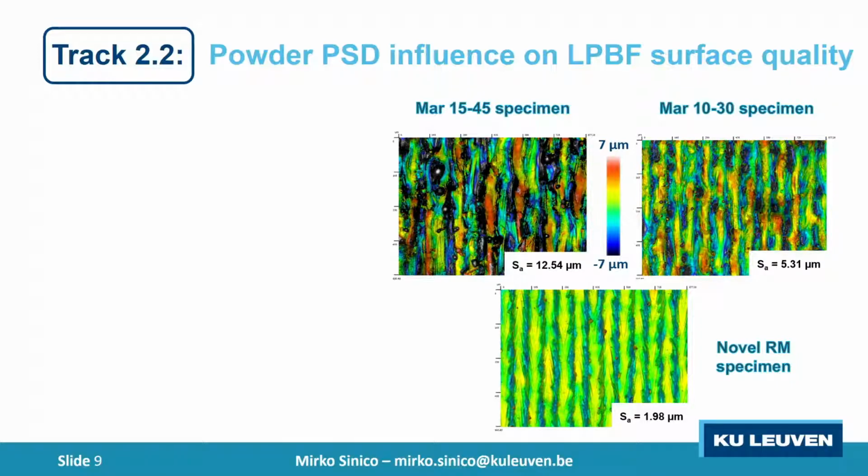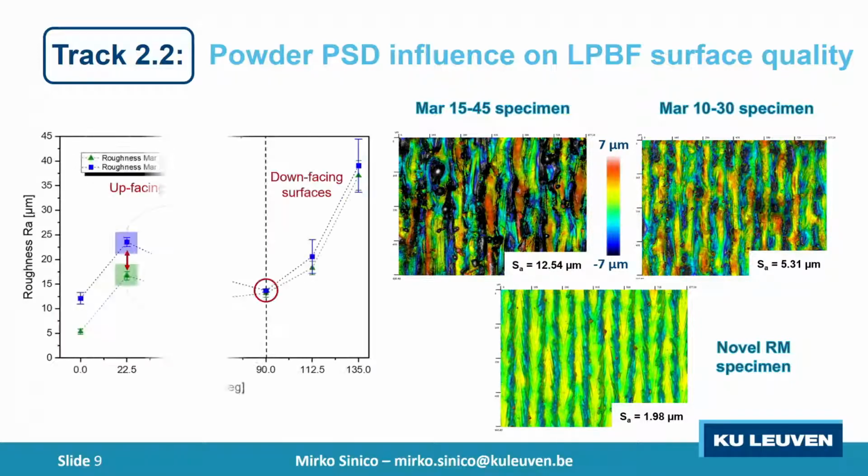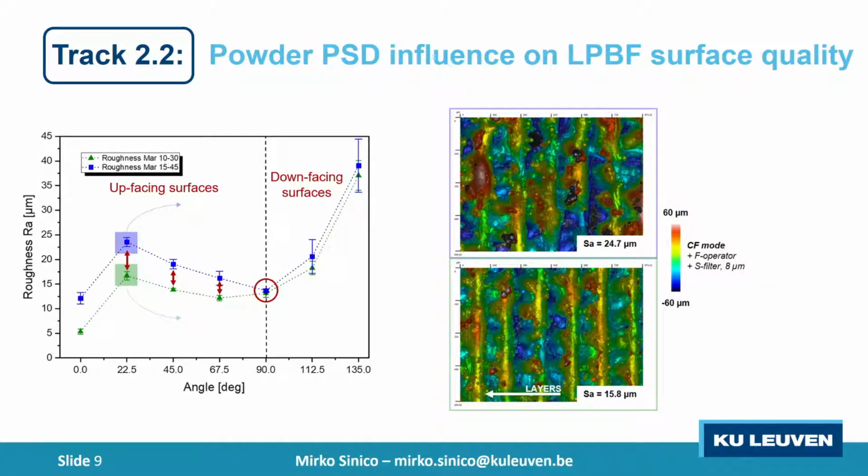This holds true not only for 0 degrees up-facing surfaces, but also for inclined up-facing surfaces, of course with different degrees of improvement. Thanks to these achievements, it might be possible to skip some of the post-processing steps necessary for our mold inserts to reach a polishing state of the top surfaces.